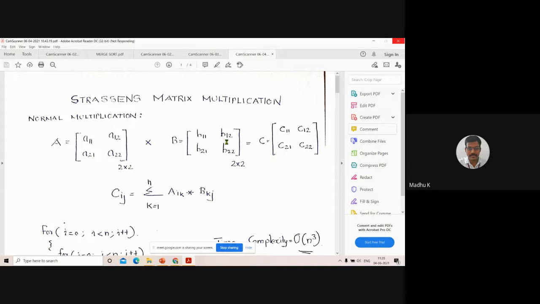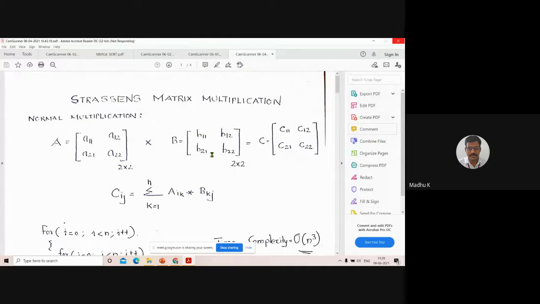Second, we want to study how we can apply the divide and conquer approach for matrix multiplication. Then in the last part, we will discuss Strassen's matrix multiplication. Basically, Strassen's matrix multiplication uses the divide and conquer approach.